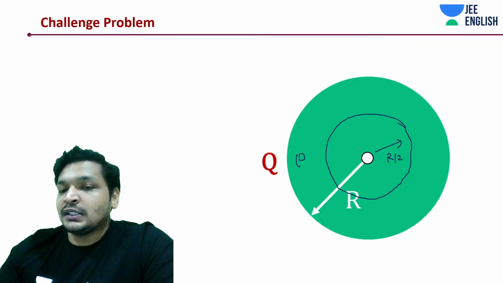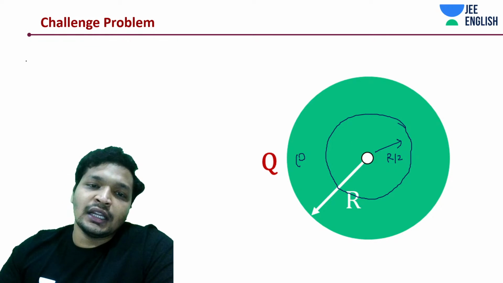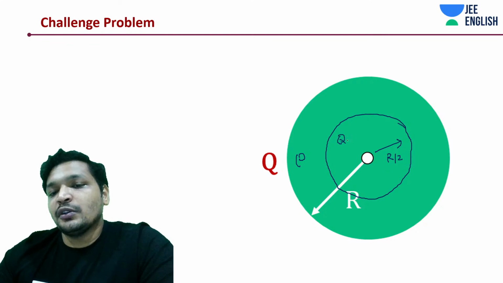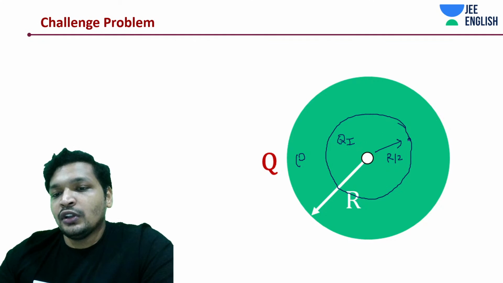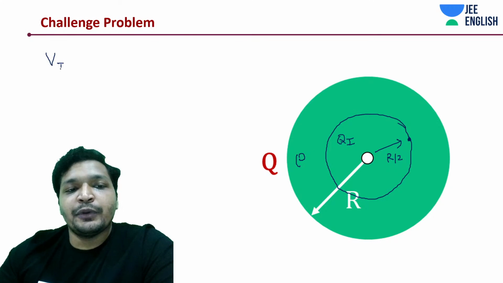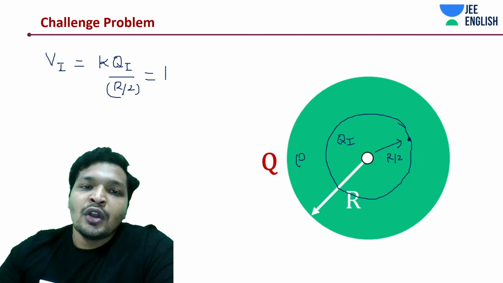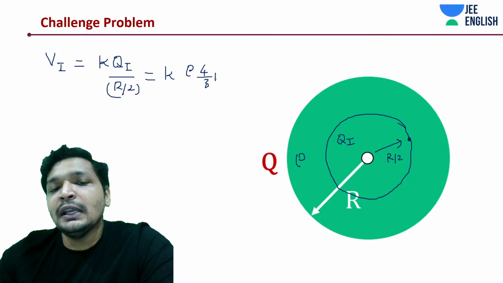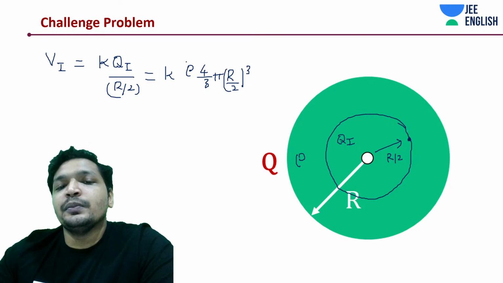Let's define the charge inside that sphere as Qi. The potential due to the inner sphere is going to be k into Qi divided by r by 2, the radial distance. What is the charge Qi? It's basically rho into 4 by 3 pi, r by 2 whole cube.